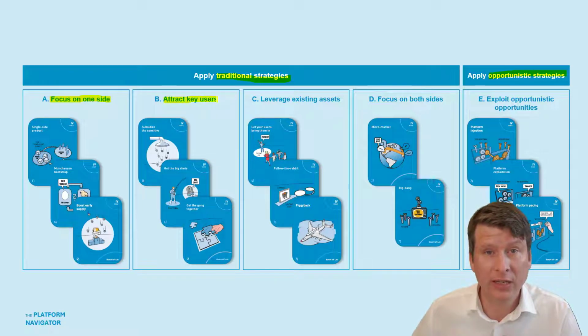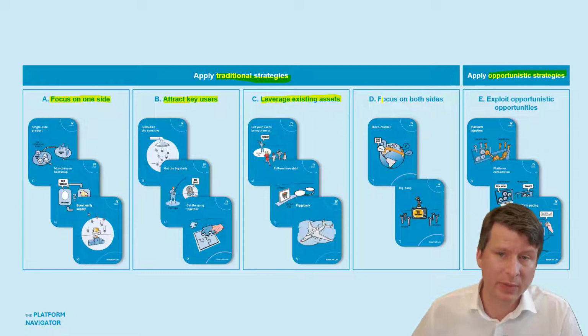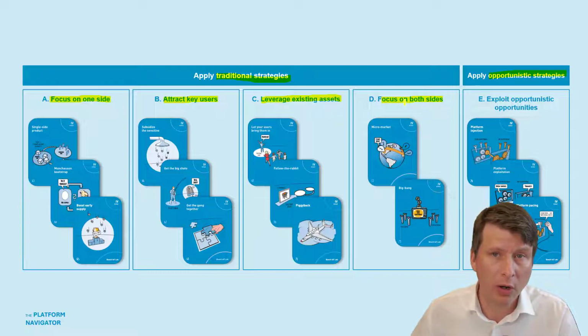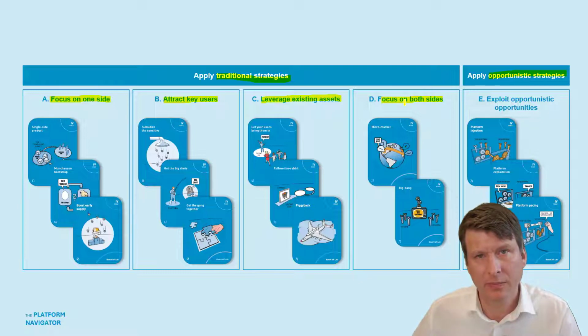Or we can attract key users and hope that they bring friends or customers with them. We can try to leverage existing assets, which might be existing users or other platforms. And last but not least, we can try to go in big. We can try to focus on two or even more sides of the market simultaneously.